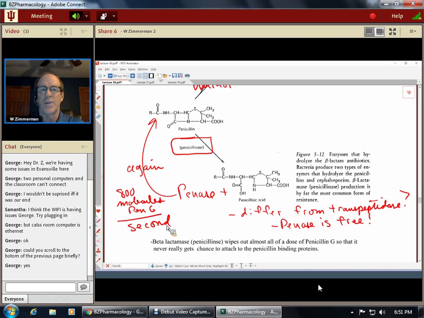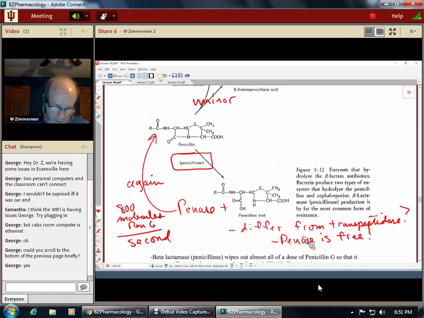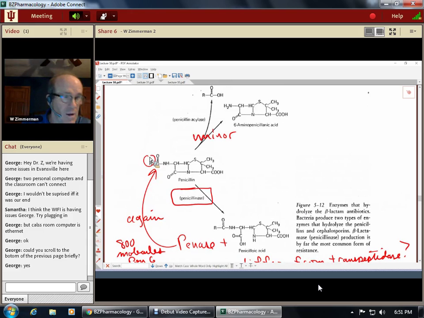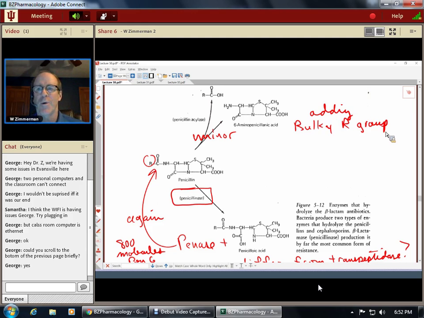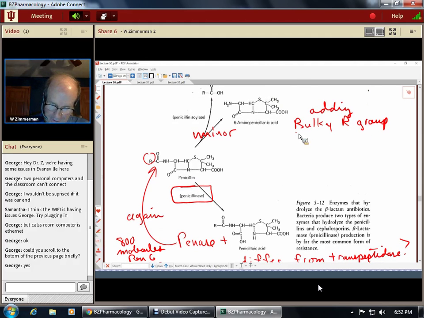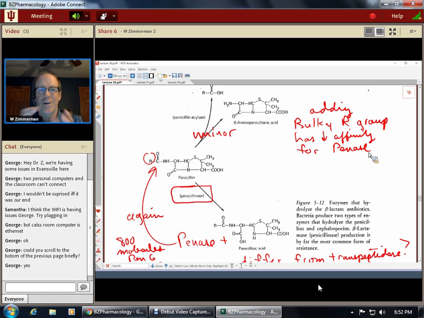So what we've done to try and combat this is increase the R group. By adding a bulky R group, we now wind up with a molecule that has a decreased affinity for the penicillinase. Again, it's a steric inhibition.